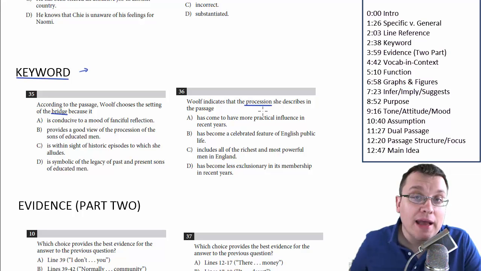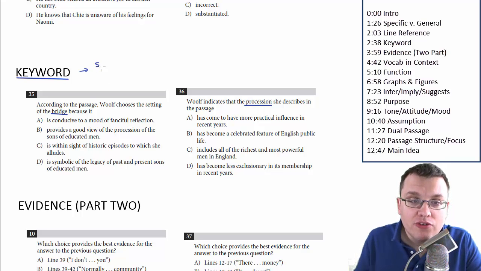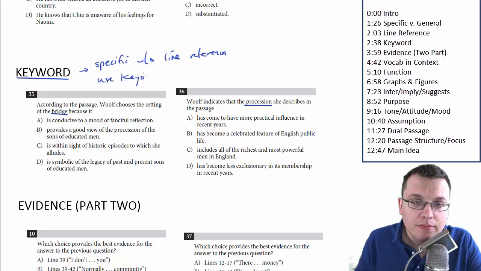If I can find the part of the passage where they talk about the procession or even find the word procession in the passage, that might be a good place to start looking for the answer. So these are specific questions without line references, right? We don't have specific numbers, but you can use keywords to skim and search the passage for an answer.